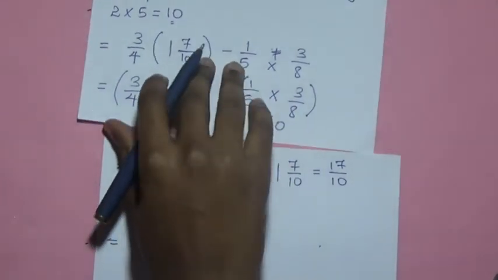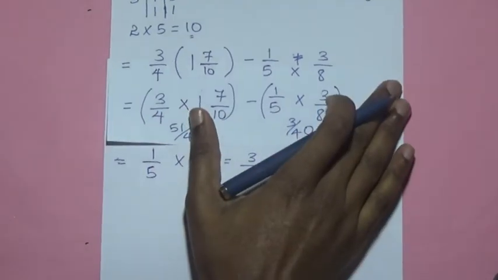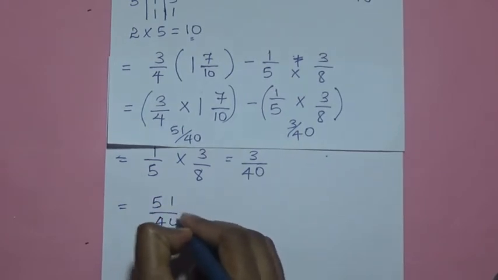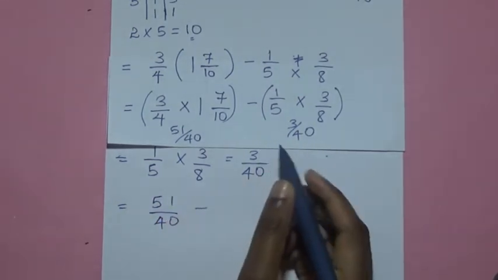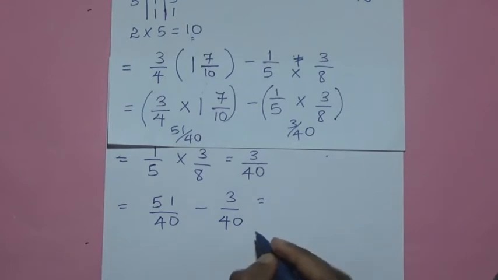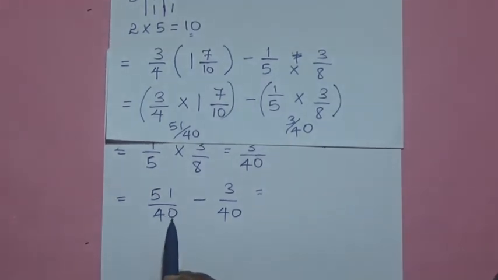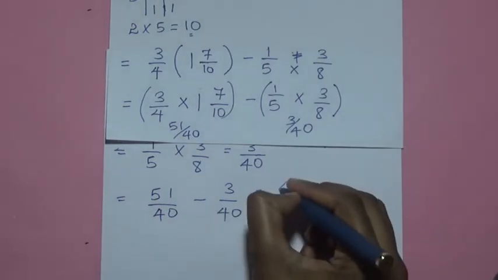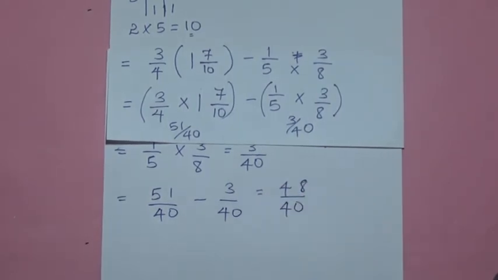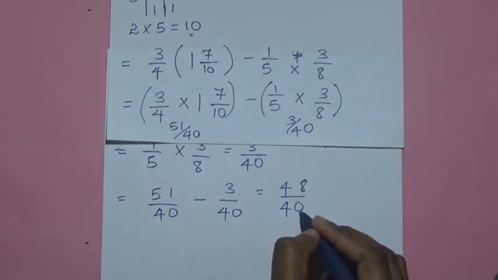So we write down what we have. We have 51 over 40, you subtract 3 over 40. Because we have a common denominator, we are going to subtract directly. So it will be 51 minus 3 gives us 48 over 40.